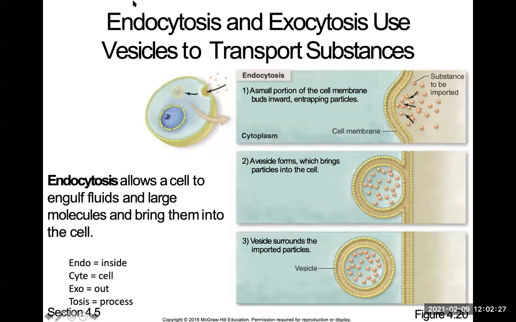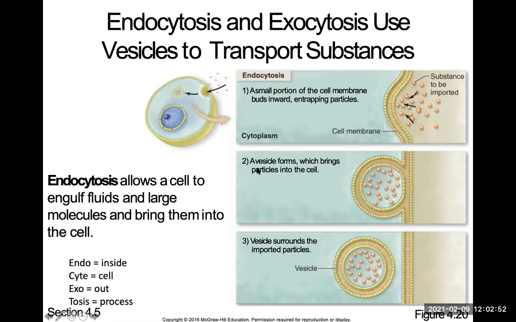Next thing we have is endocytosis. Endo means inside. We learned about the endomembrane. Cyte means cell. Exo means out. Tosis is the process. This is called endocytosis. It allows fluids and large molecules to move inside the cell.